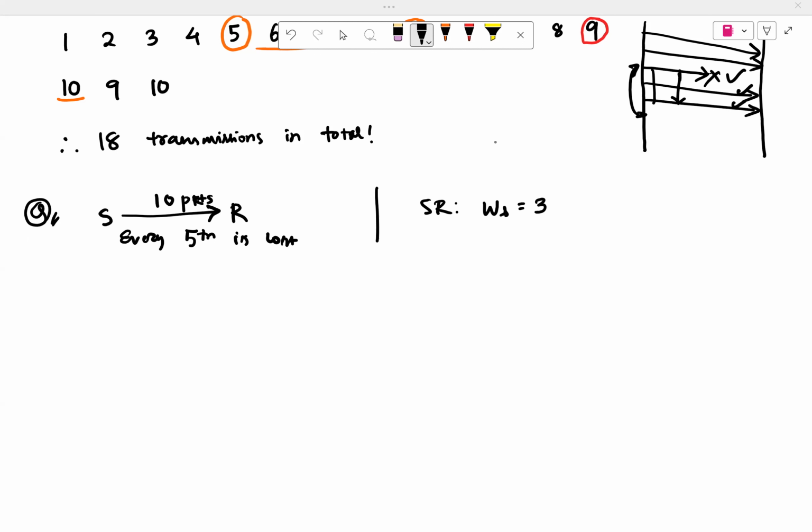Thirteen. The fifth packet is lost, 10 packets are sent, and the window size is 3.